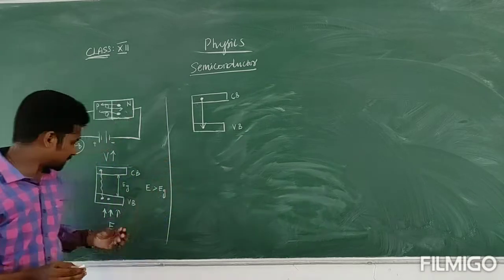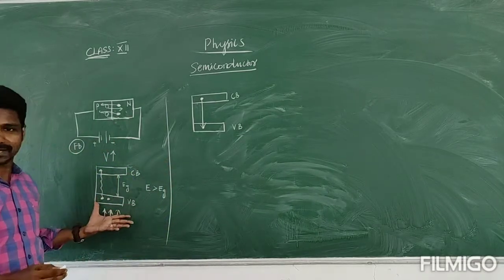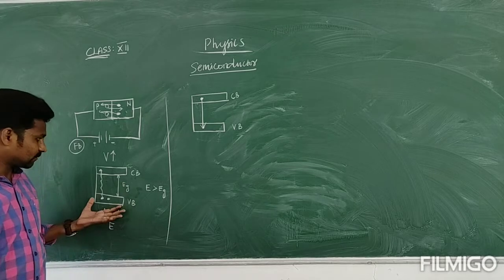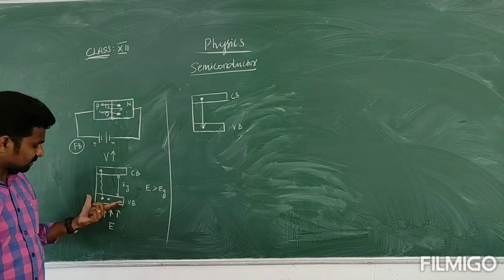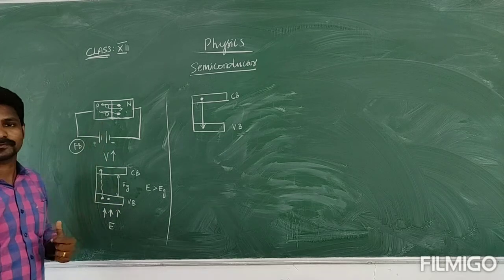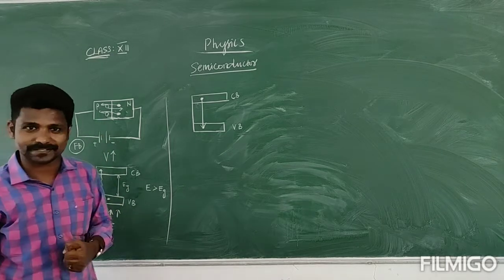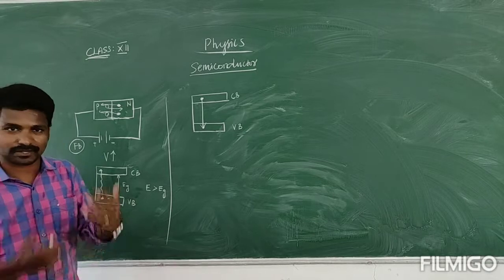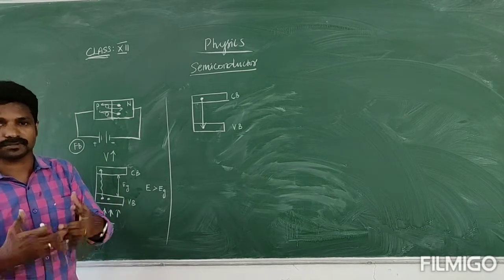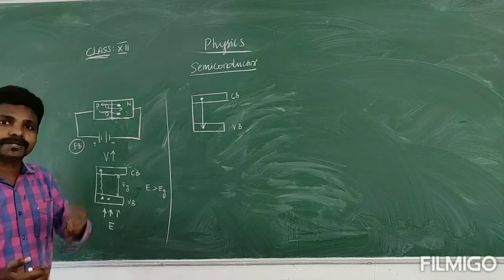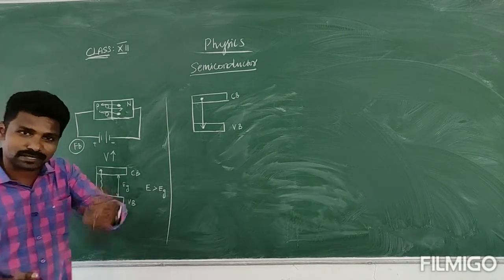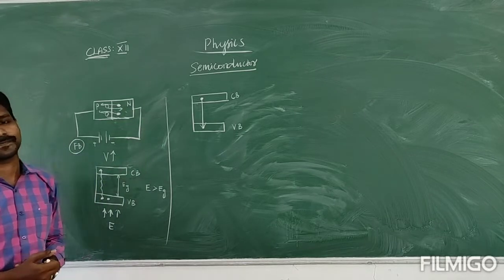Like a simple example, take a building with a ground floor and a top floor. When you move from the ground floor to the top floor, we need more energy, maybe using a lift or the steps. Many ways are there, but anyhow we require more energy to move from the ground floor to the top floor.